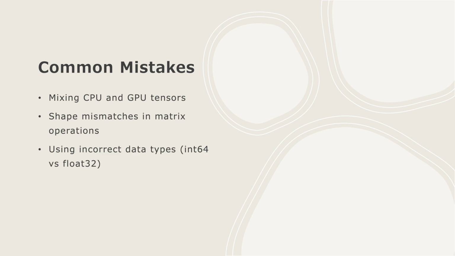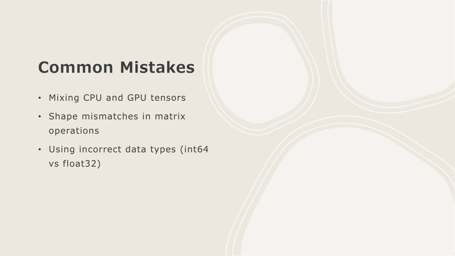The second mistake involves shape mismatches in matrix operations. When performing matrix multiplication, the inner dimensions must align. If they don't, PyTorch will report a size mismatch error. Always check each tensor's shape attribute before combining them.